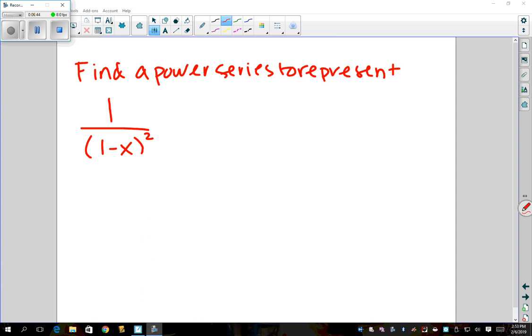Here we're asked a little bit of a different question. We're asked to find the power series to represent 1 over the entire quantity 1 minus x squared. So we haven't really dealt with this yet, but if we notice, the derivative of 1 over 1 minus x is actually equal to 1 over 1 minus x squared.